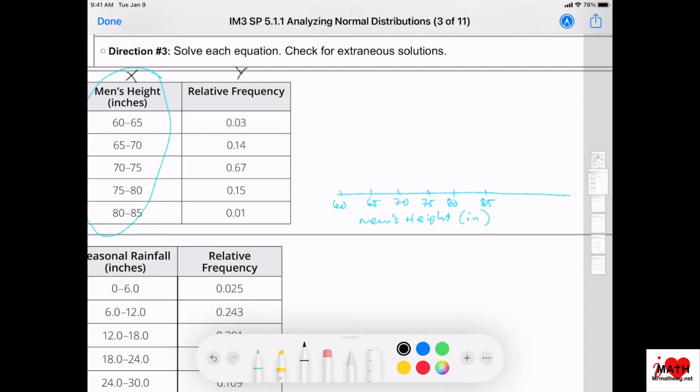That's our x-axis, and our y-axis we're going to have relative frequency. So we have to make these titles here, and then the biggest number I see here is 0.67, so maybe like 0.70, and I'll just count by tens. 10, 20, 30, 40, 50, 60.